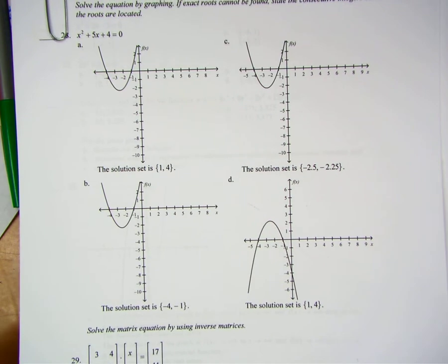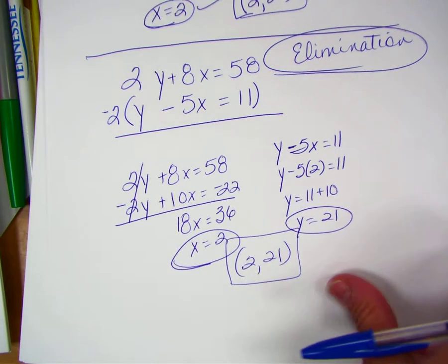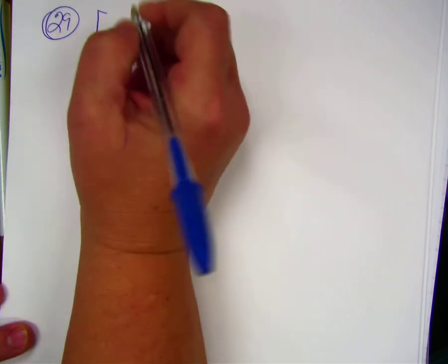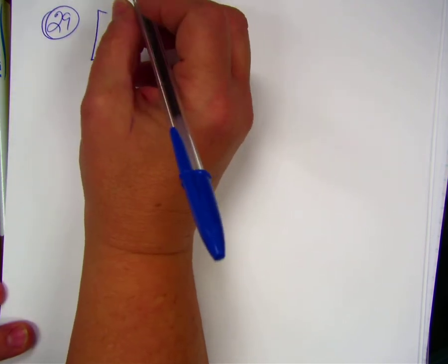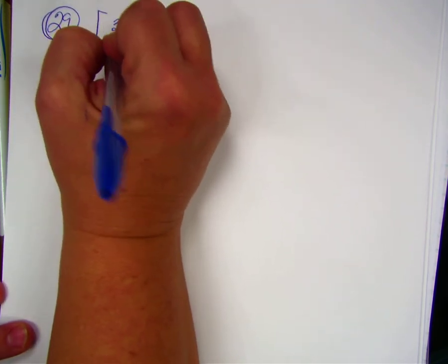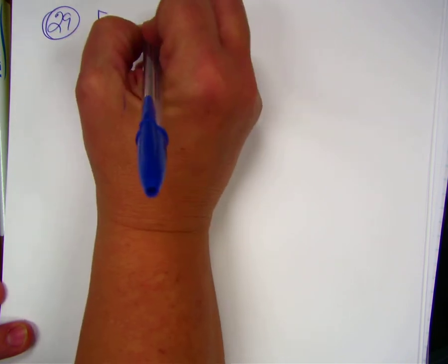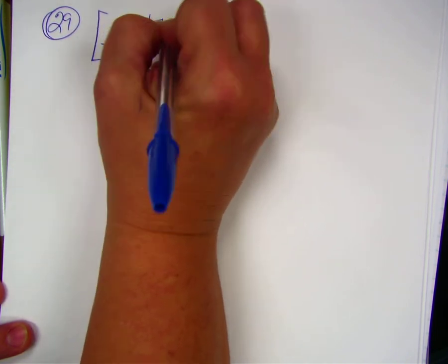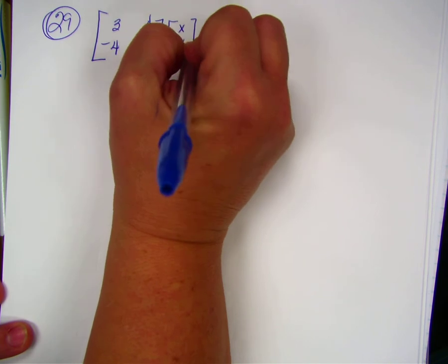Okay, number 29. Okay, 29 says solve the matrix equation by using inverse matrices. Now this is a system of equations, and they've already set it up for you.